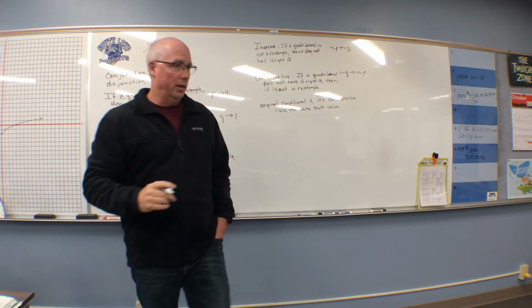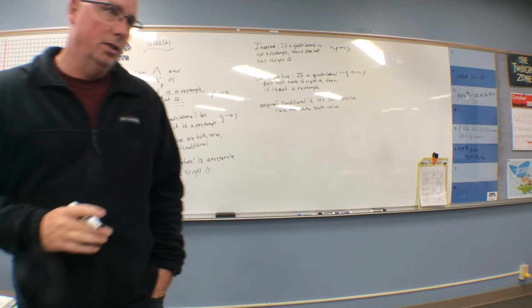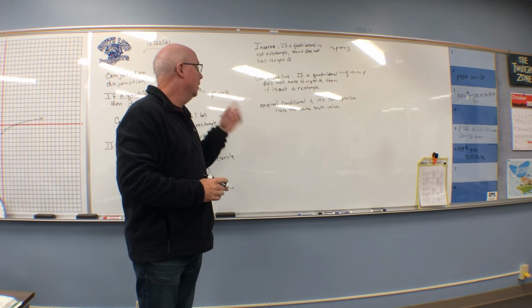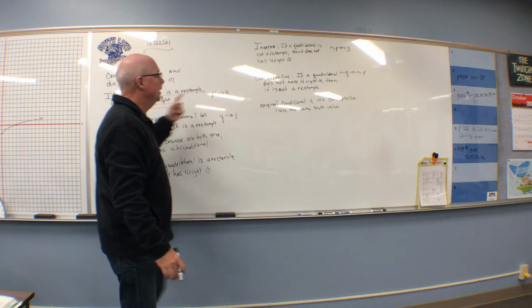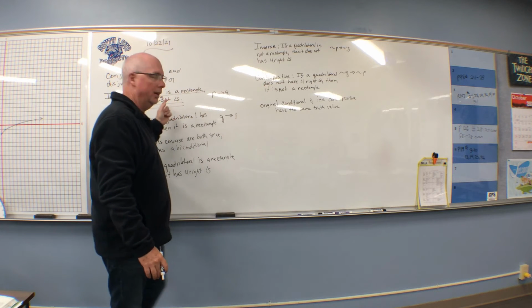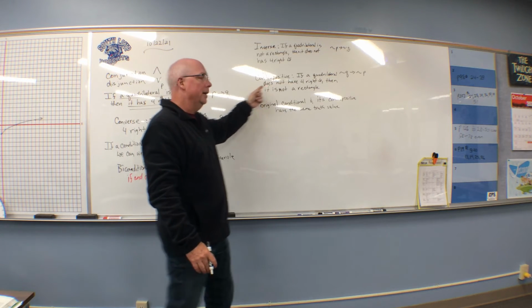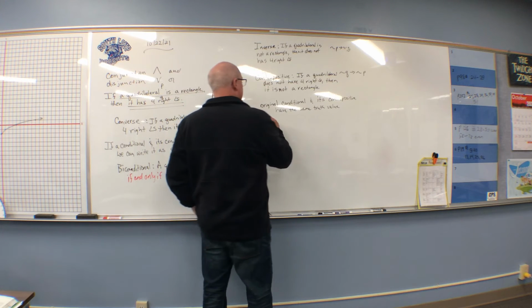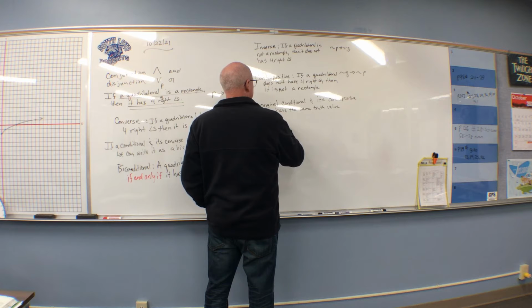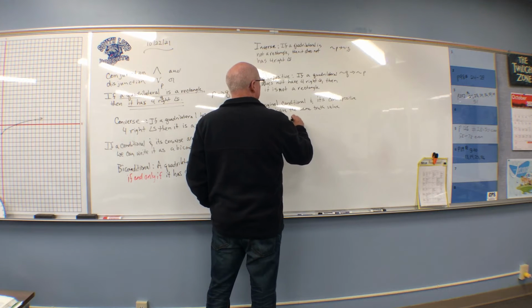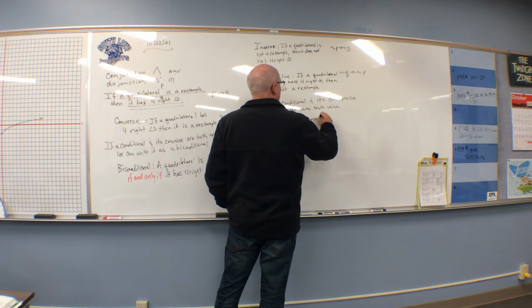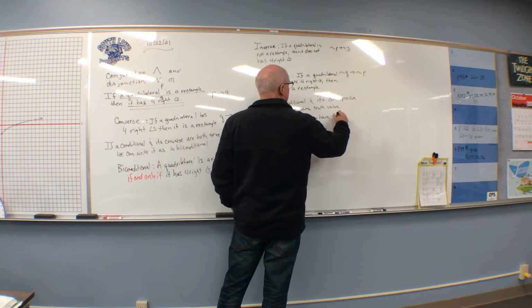And you can sit here and argue this all you want, because you read the contrapositive and say, that's not true, and it is. The original conditional and the contrapositive always have the same truth value. In other words, if this is true, this is true. If this is false, this is false. You understand that? So that means that the converse and the inverse have the same truth value.